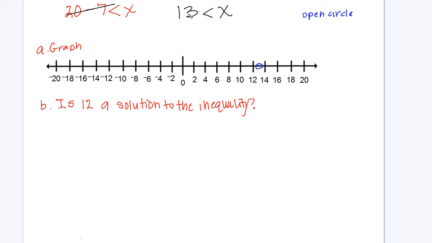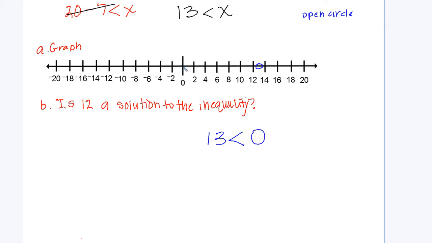Now, the numbers that I would substitute in for x need to make the inequality true. So I can pick any number that I want to stand in for x. Let's say 0.